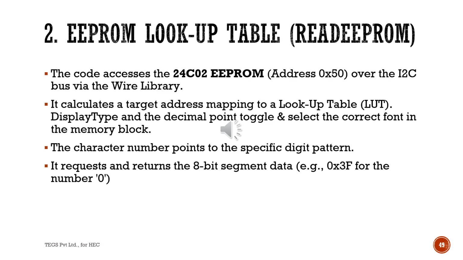Section 2. EEPROM lookup table. The code accesses the 24C02 EEPROM with the address 50H over the I2C bus via the Wire library. It calculates the target address mapping to the lookup table in the following way: display type and decimal point toggle, and select the correct font in the memory block.